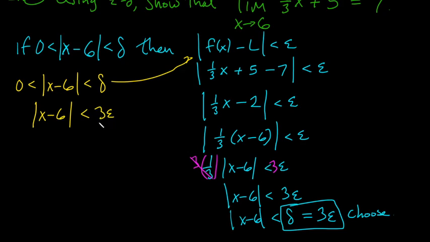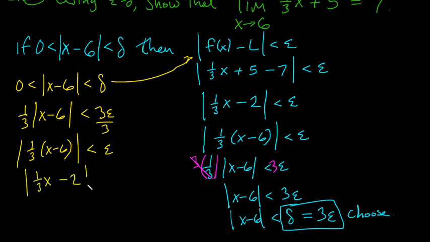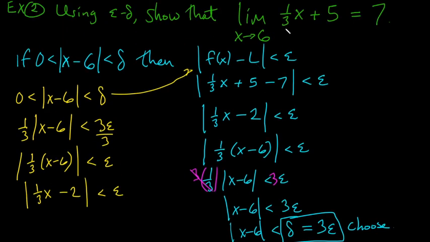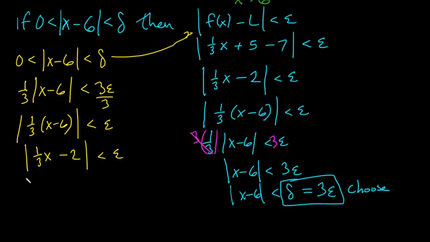So if I divide both sides by 3, and I put the 1/3 inside the absolute value, I get this: in absolute value, 1/3 times x minus 6 is less than epsilon. And if I distribute the 1/3, I get 1/3 x minus 2 is less than epsilon. And remember, our original function was 1/3 x plus 5.